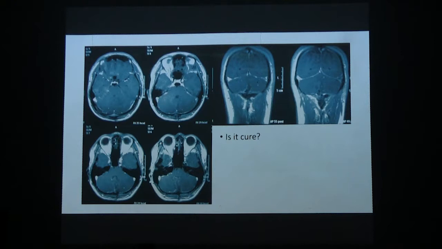This is the MRI after the surgery. Is it cured? Not for this one. If you take a careful look, you'll see a lot of little white, contrast-enhanced spots, especially at the cerebellum. So this is a typical picture of Von Hippel-Lindau disease.